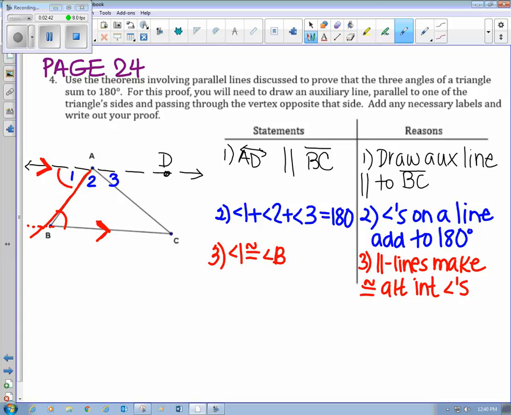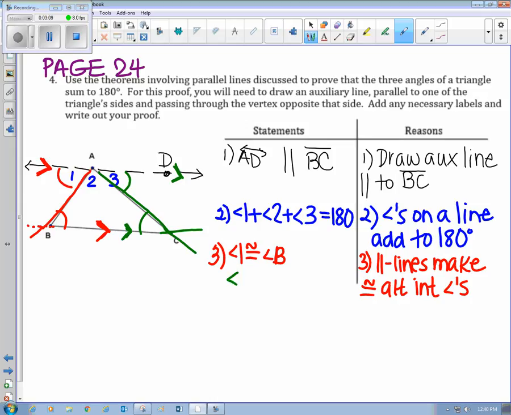So the alternate interior angles are there, but the fact that the lines are parallel makes them congruent to each other. And then I'm going to do the same thing over on the other side of the picture. So I still have my parallel lines, and this time, if I sort of extend them, I can see that this is the transversal that passes between the 2 parallel lines, and angle 3 and angle C are the alternate interior angles that will be congruent to each other.